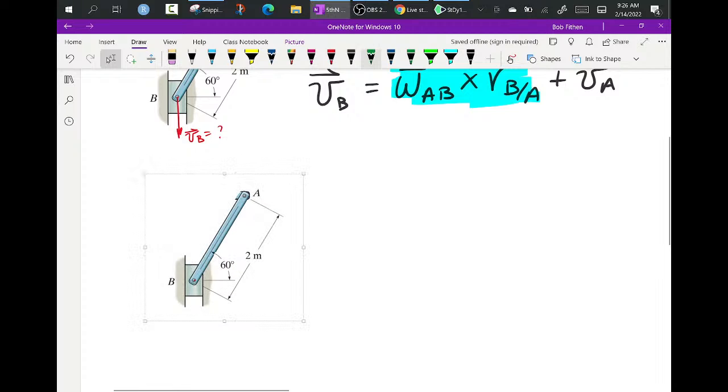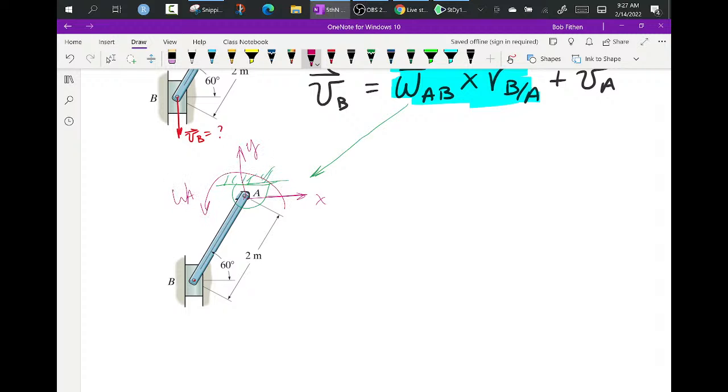The reason it's instructive is staring at this and this, you could almost treat this, during just this blue part of the calculation, as if this thing is on here. I'll go ahead and put a coordinate system on it too. You don't have to, but here's my X, here's my Y, and let's say it's omega AB, of which I don't know what it is. So it's almost you sitting here on A, during this part of the computation, looking at B. It is true I'm going down, but I don't know that.